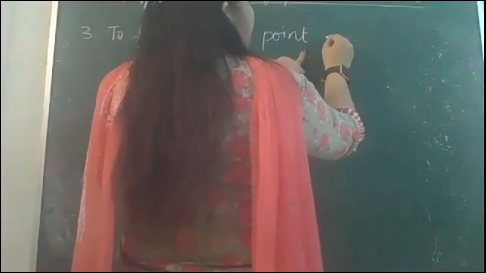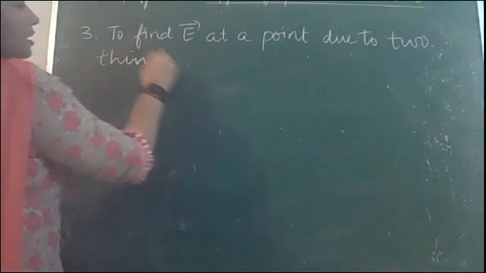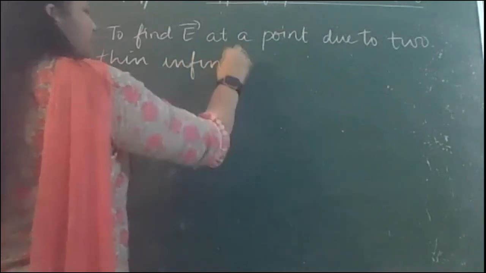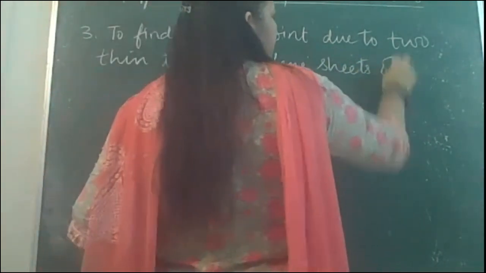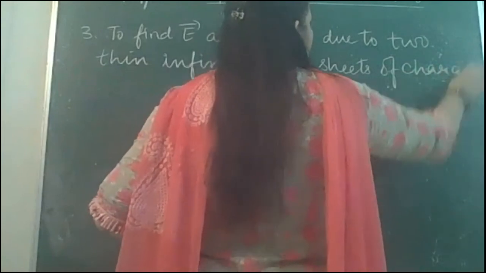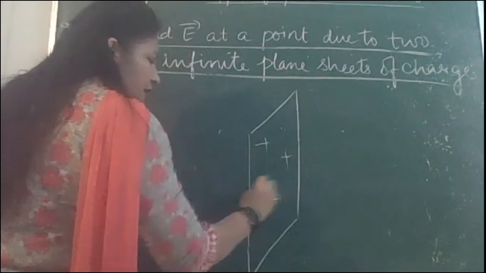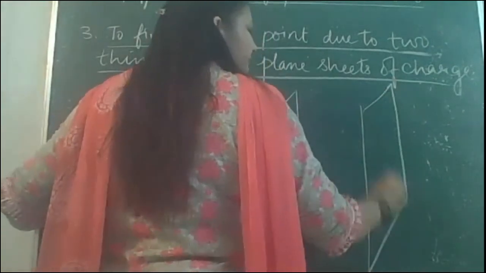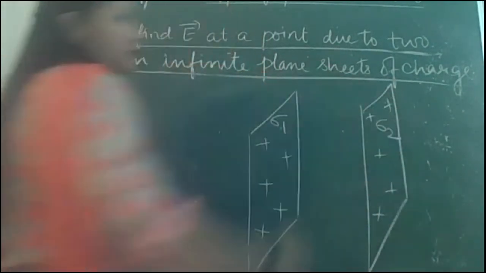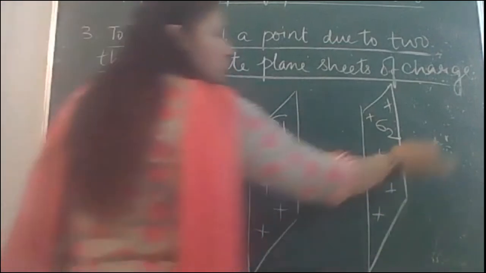So to find electric field intensity at a point due to two thin infinite plane sheets of charge. ठीक है, अब हमारे पास two thin sheets हैं having different surface charge densities, sigma 1 and sigma 2, suppose.